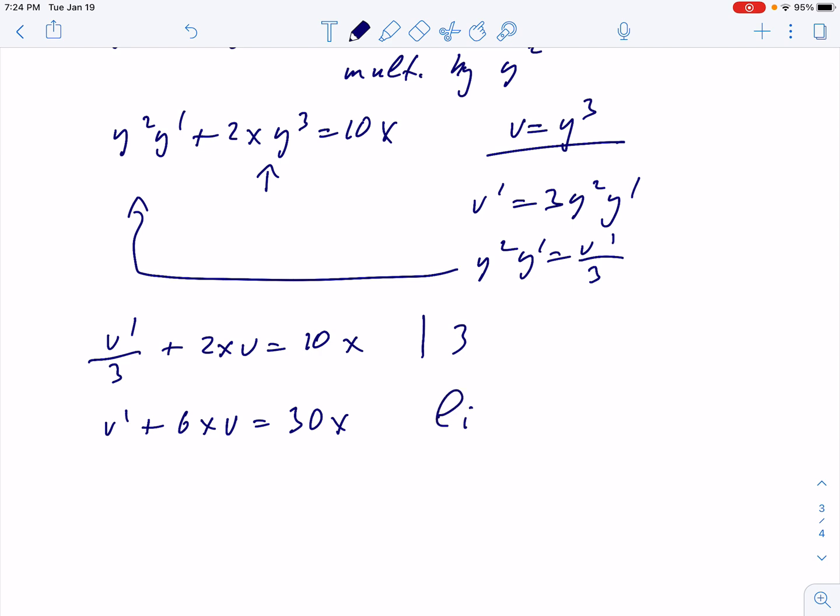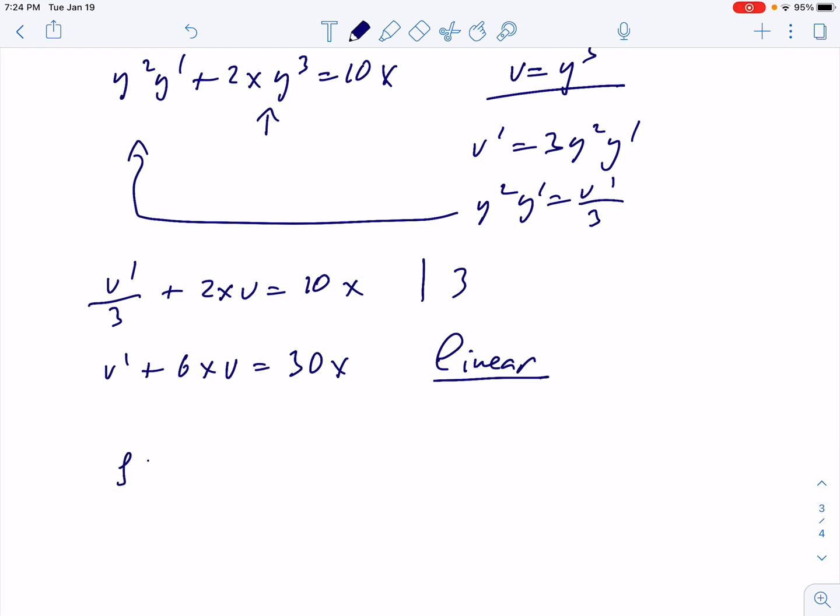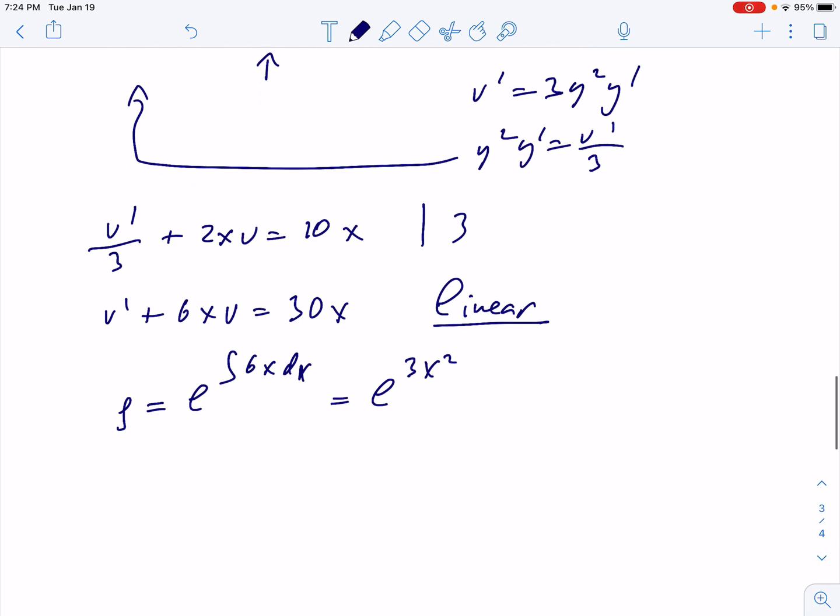Linear equation in standard form. We continue. Here we find the integrating factor, the exponential of the integral of 6x dx. So this will be exponential 3x squared. This is our integrating factor.